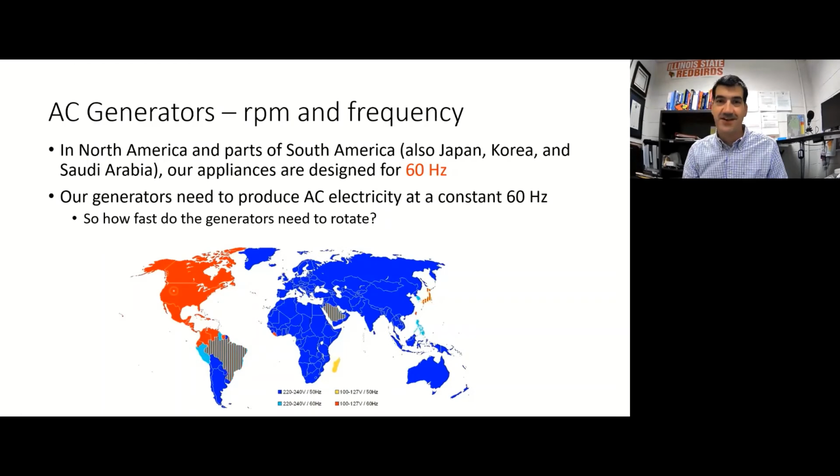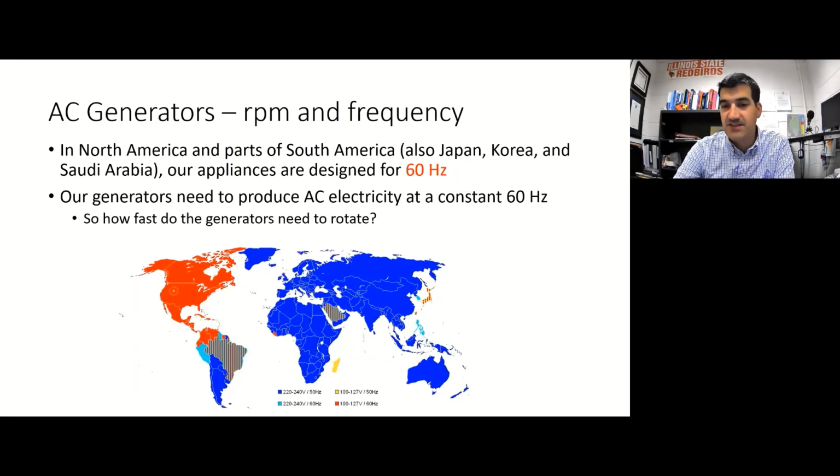I almost said VCR. Who has a VCR anymore? You can't just take your DVD player from North America and take it over to Europe and plug it in. It's not going to work. For some devices, it will work, like for a toaster or an oven or anything that just has a resistance value. Resistors don't care. Resistors are dumb, and they'll work just fine regardless of what the frequency is.